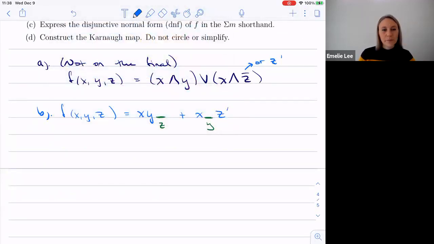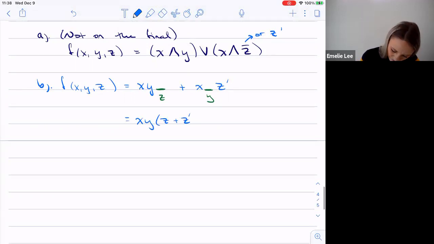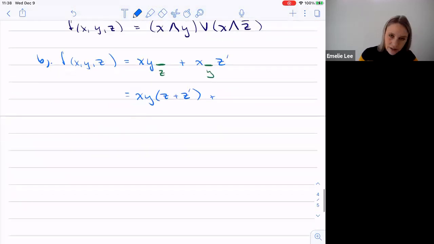Z prime. Okay, so here I have x, y times z plus z prime. Let's use the primes. I don't know which you prefer, but it doesn't matter. Just be flexible. And then x times y plus y prime, z prime.